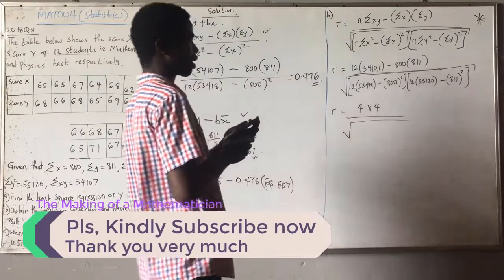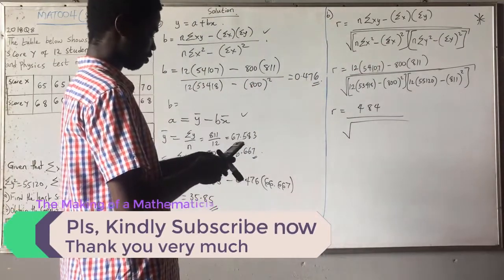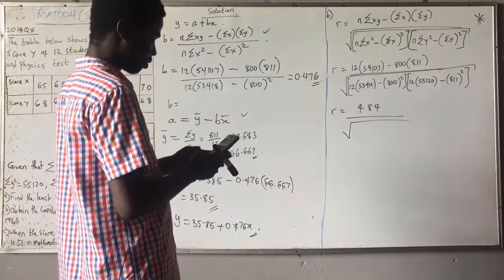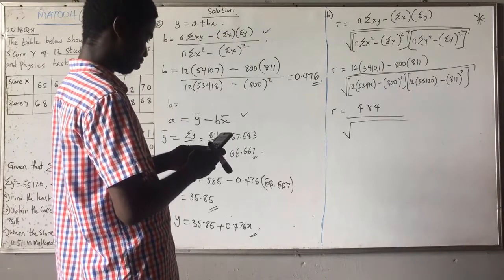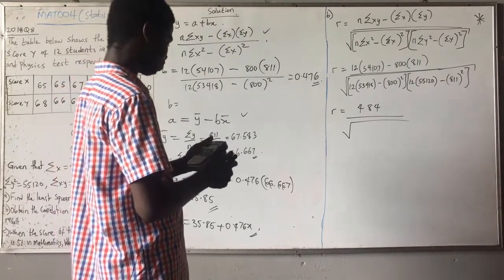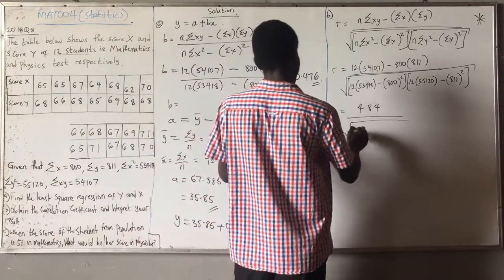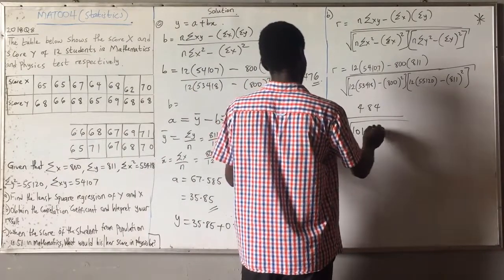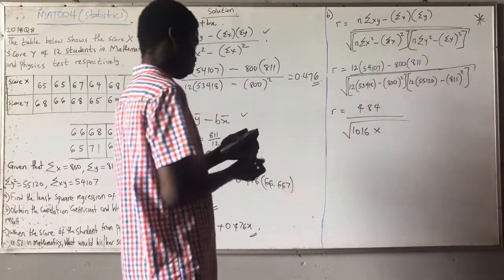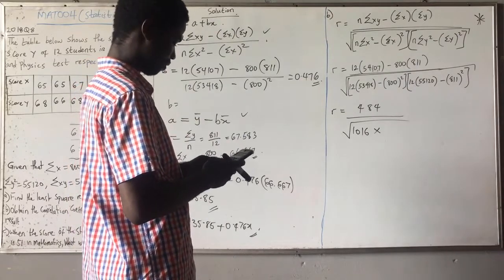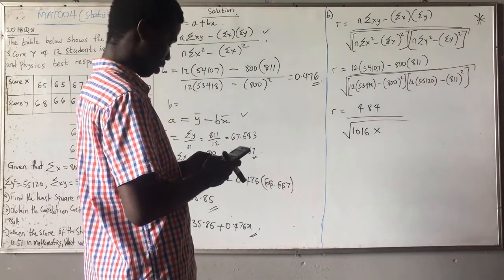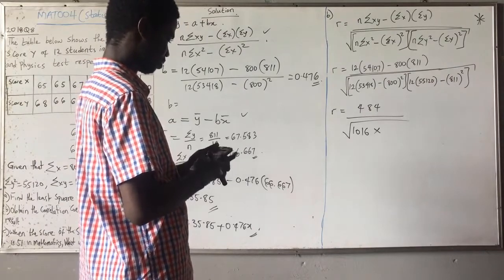Now let's talk about the first bracket. 12 multiplied by 53418 minus 800 squared. So the first one I have 1016, multiplied by, now the second one, 12 multiplied by 55120 minus 811 squared.